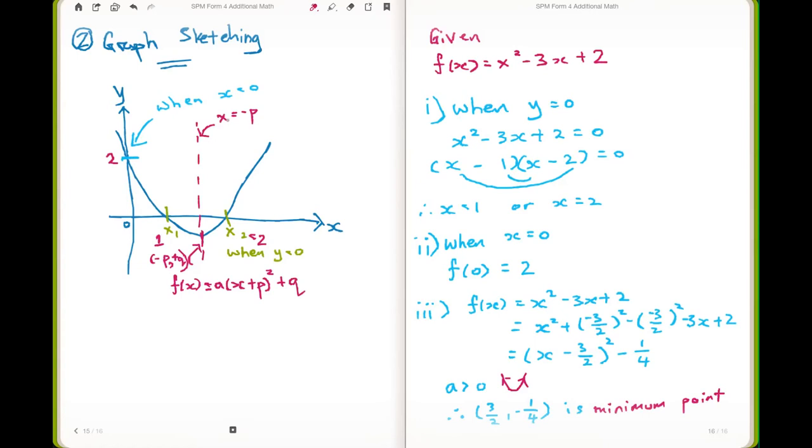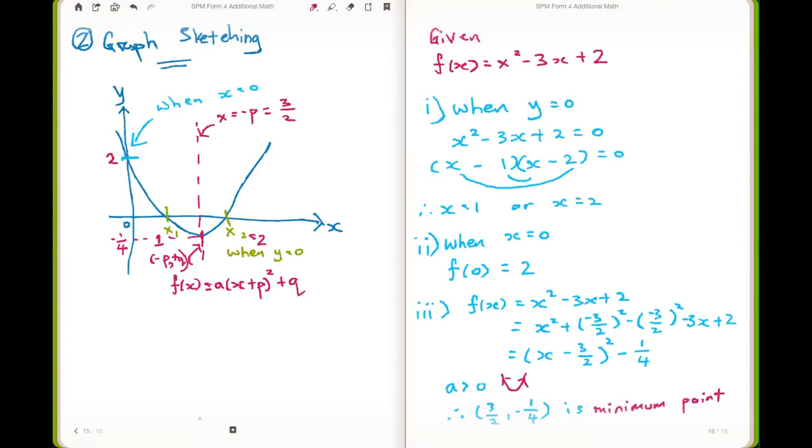Your axis of symmetry, where the minimum point is, turns out to be x equals 3/2, and the minimum will be -1/4. This is the axis of symmetry and minimum point. It helps you for graph sketching.